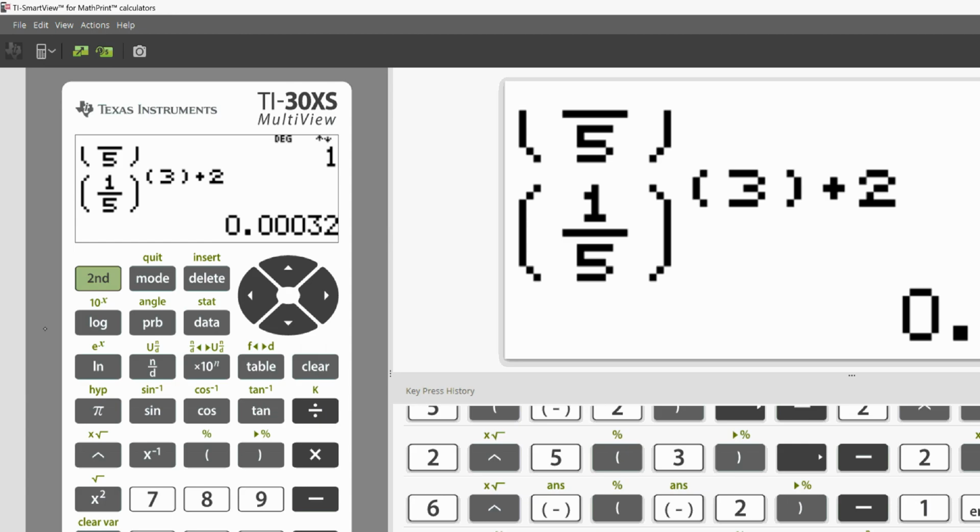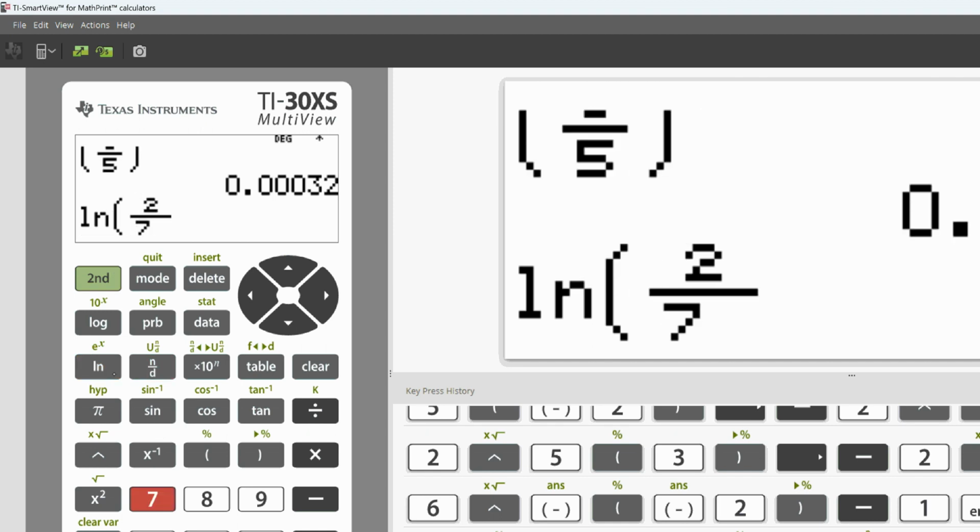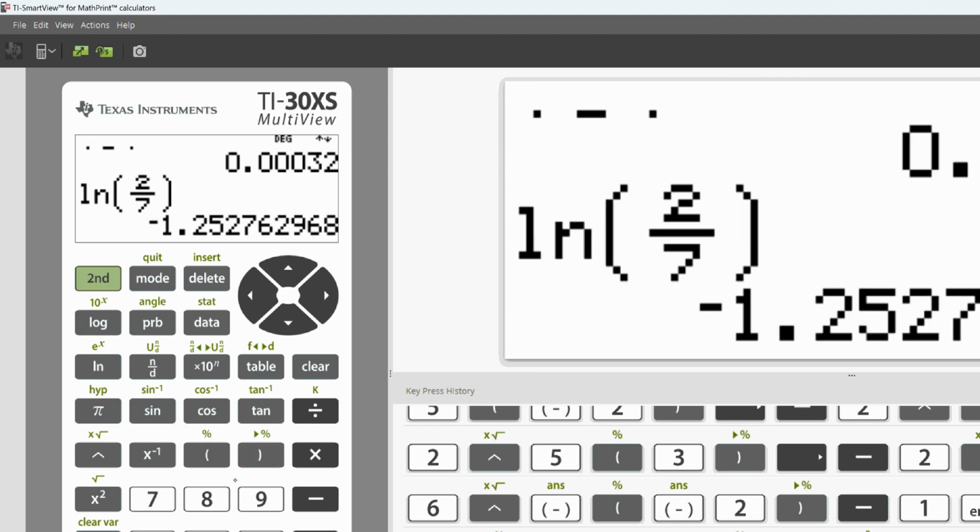And natural log, we can do in either one, because for the next one, we could say the natural log of 2 over 7 is -1.2527.